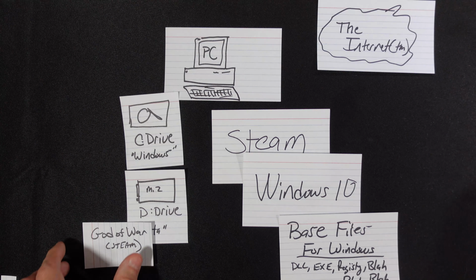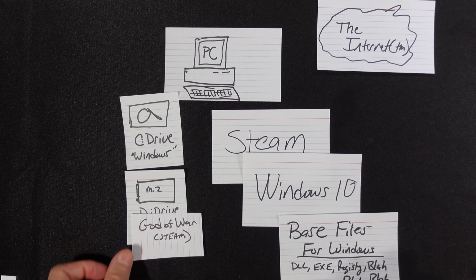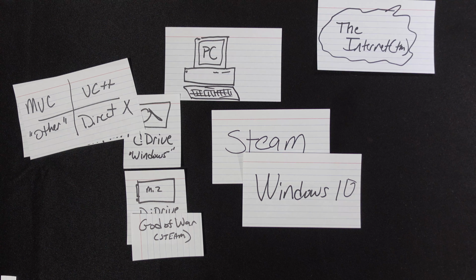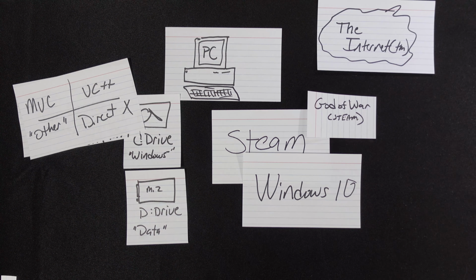Right, so Steam has done its job. The game is sitting on your D drive, and all the crazy stuff we typically don't even think about, like requisites and base files, are sitting on the C drive, waiting to be called upon by the game when you run it from the new shortcut on your desktop, which of course runs the game through that digital locker Steam. All is right with the universe, yeah?